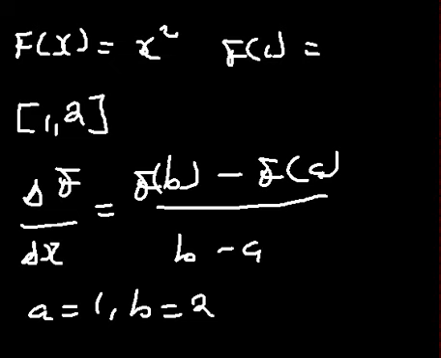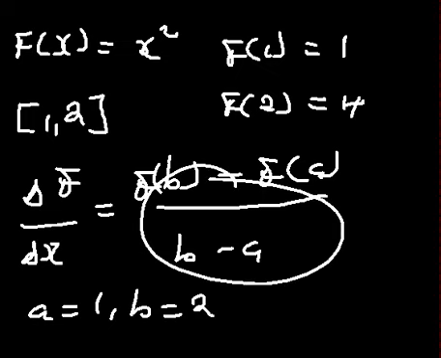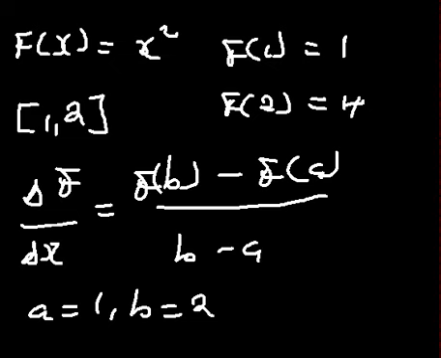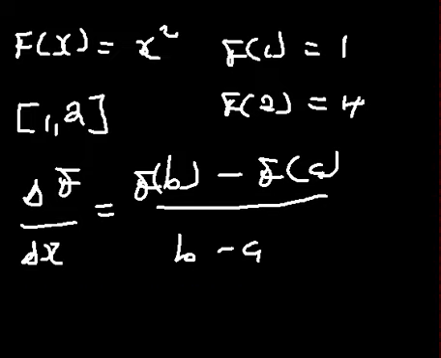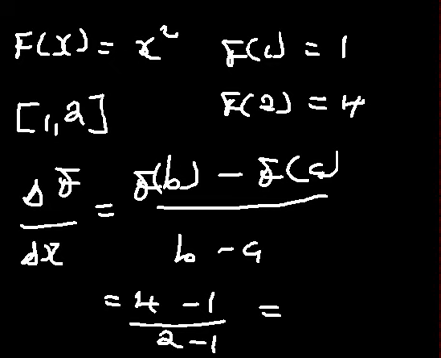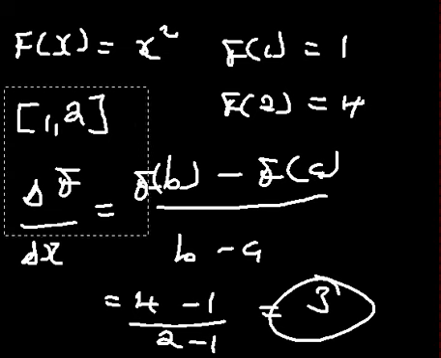We have it as 1. What is f of 2? We have it as 4. So we substitute into the formula in order to have the average rate of change of the function. We have 4 minus 1 divided by 2 minus 1. That will be given as 3. So that's the average rate of change of the function within the interval 1 to 2.